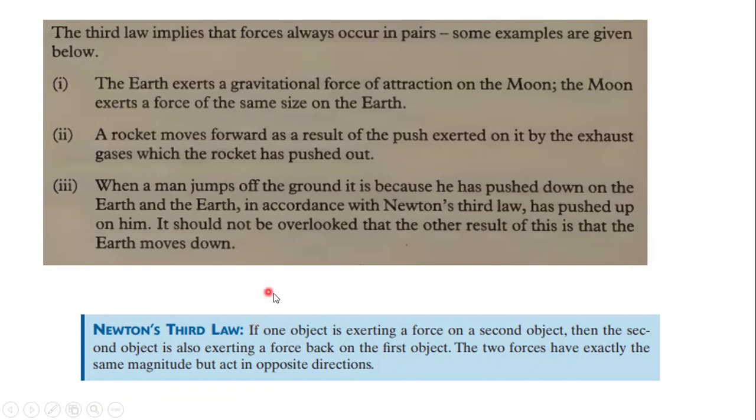And here are some advanced definitions of Newton's third law. If one object is exerting a force on a second object, then the second object is also exerting a force back on the first object. These are the conditions. They have the same magnitude but act in opposite directions.